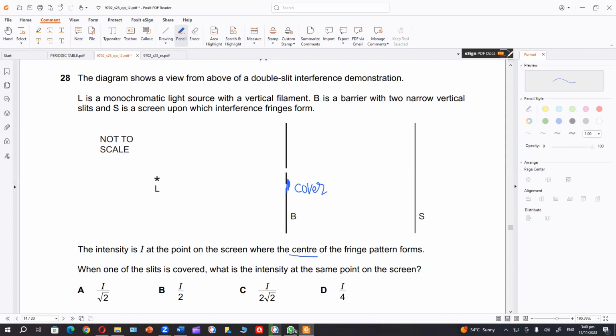He's talking about the center of the central maxima.